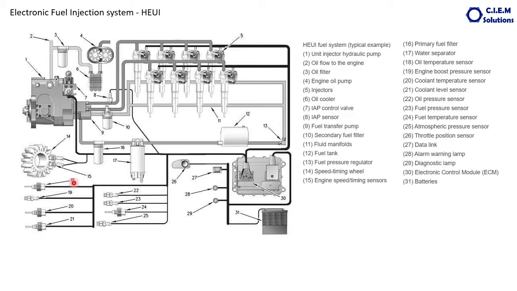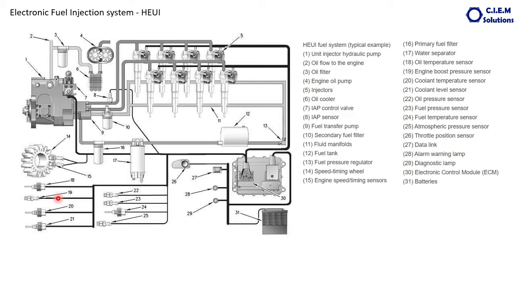The next sensor is the atmospheric pressure sensor. For your information, the atmospheric pressure drops as altitude increases. For example, if the atmospheric pressure is 14.6 bar at zero level, at sea level, as we climb to high altitudes the pressure keeps dropping.